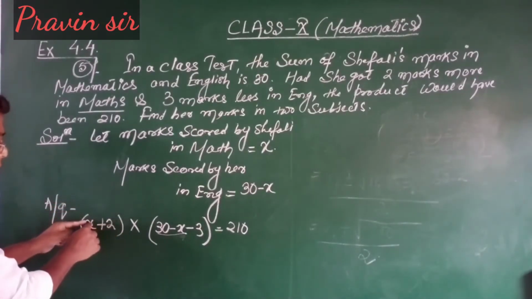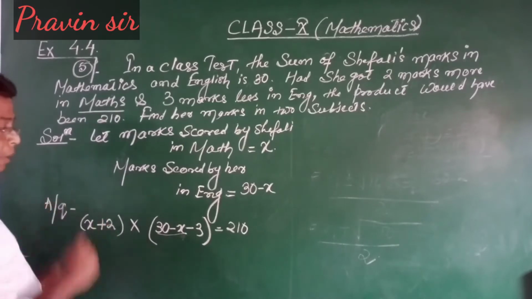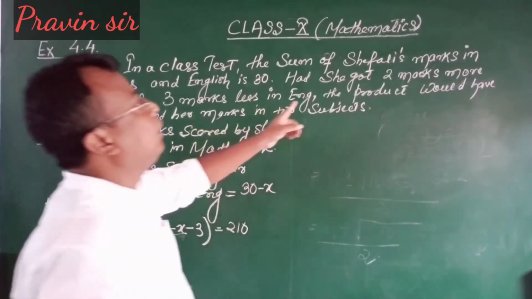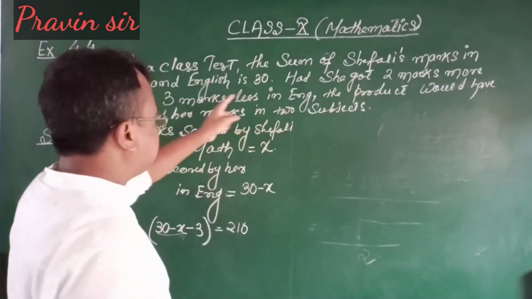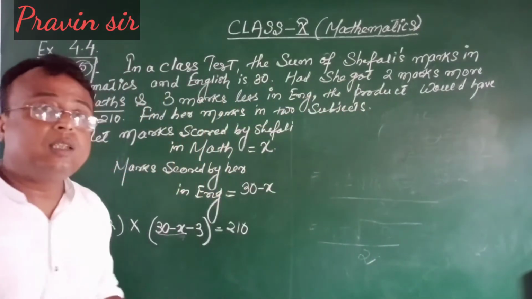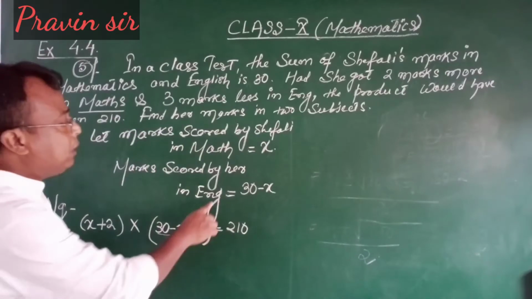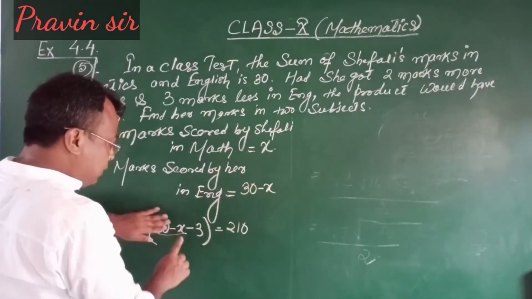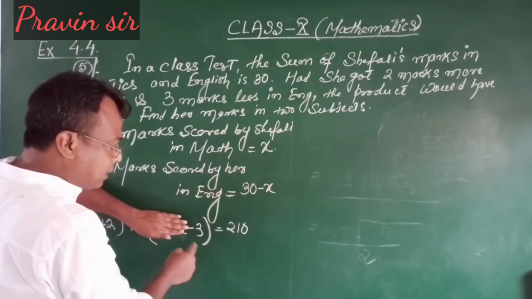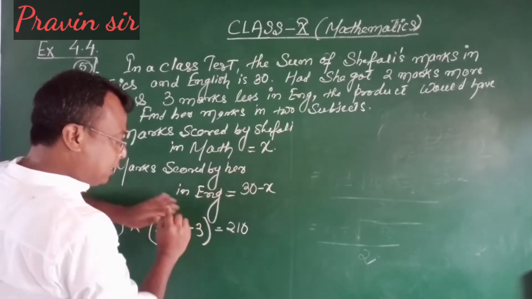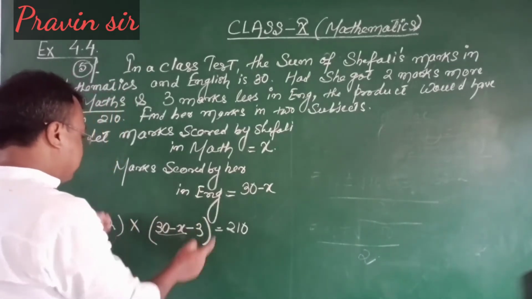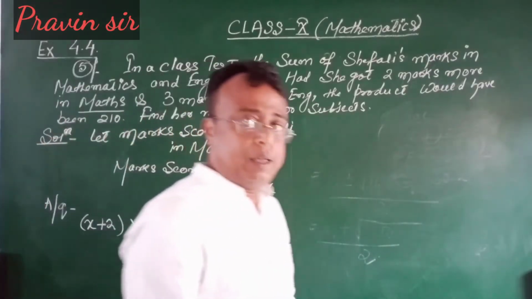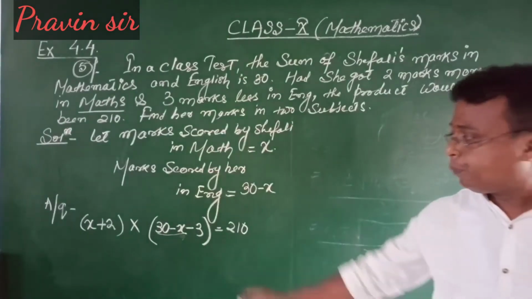And 3 marks less in English: her English marks were 30 minus x, so 3 marks less means minus 3. Multiplying both, how much do we get? We'll get 210. Now we have to solve this question.